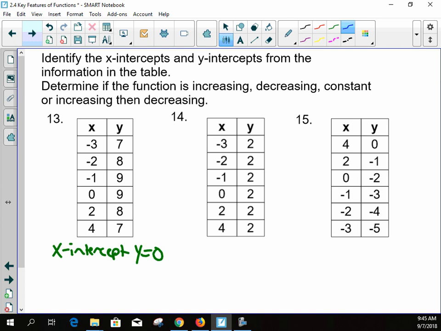When you get back to algebra 2, you're definitely going to need to know that. Your y-intercept. Okay, so my x-intercept, y equals 0. So my y-intercept, what do you think equals 0? Yeah, your x equals 0.